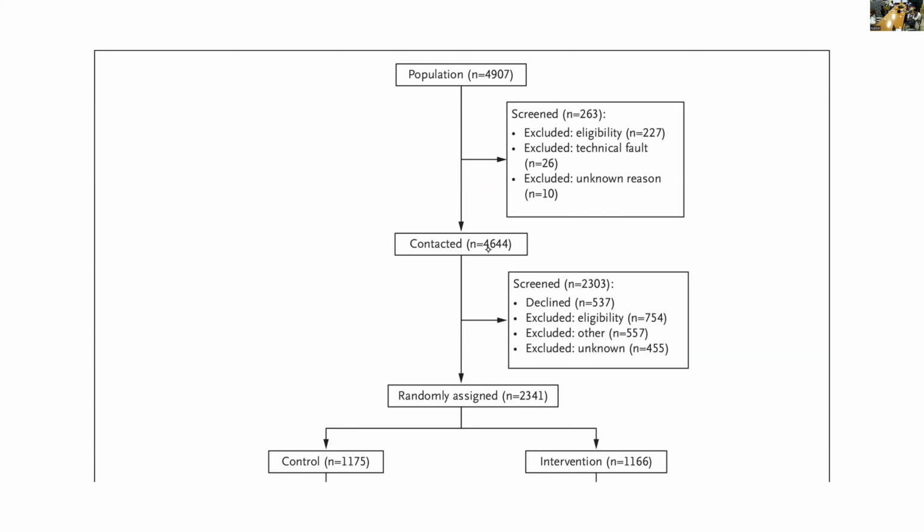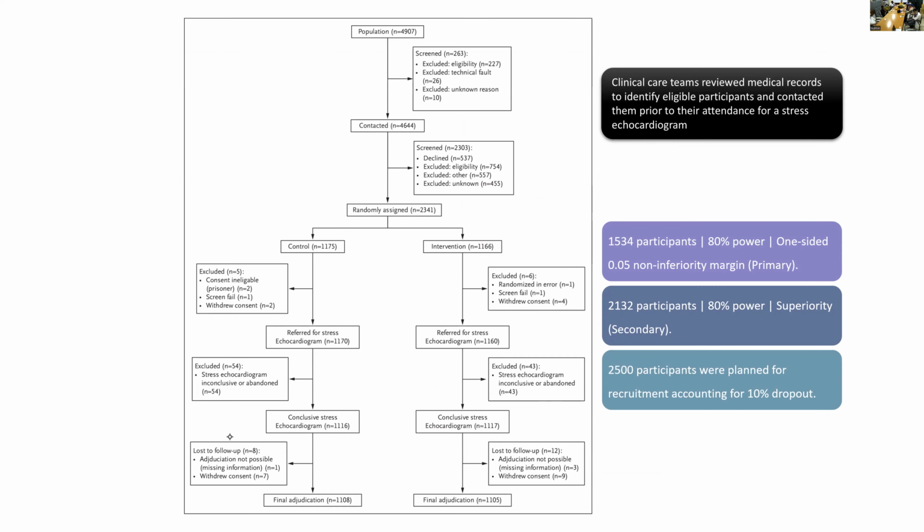Then there is other exclusion, which is again more than 500, and unknown exclusion. So almost 1,000 patients were excluded for unclear reasons. And we ended up with 2,341. If we just go back and recall our sample size, they would have required 2,132 to demonstrate superiority, and they had planned for 2,500 accounting for dropout.